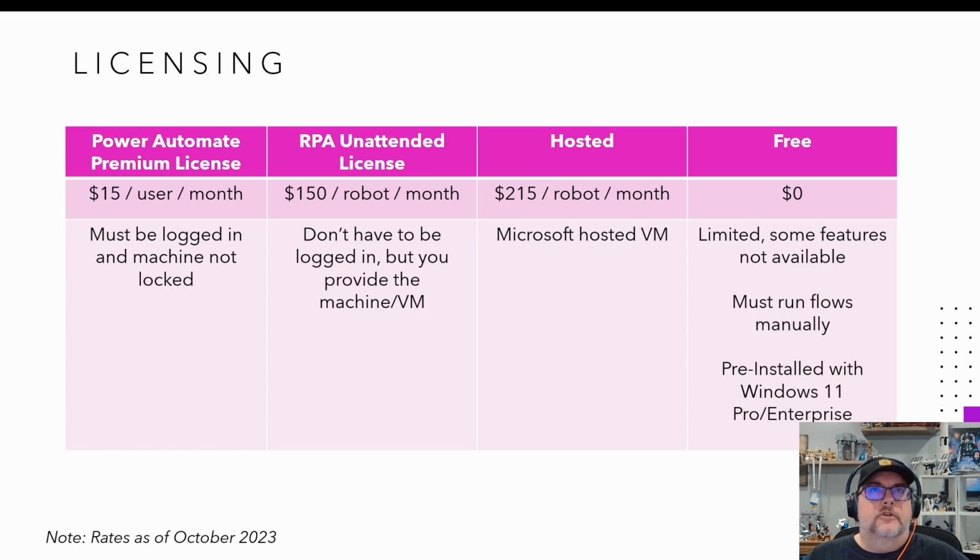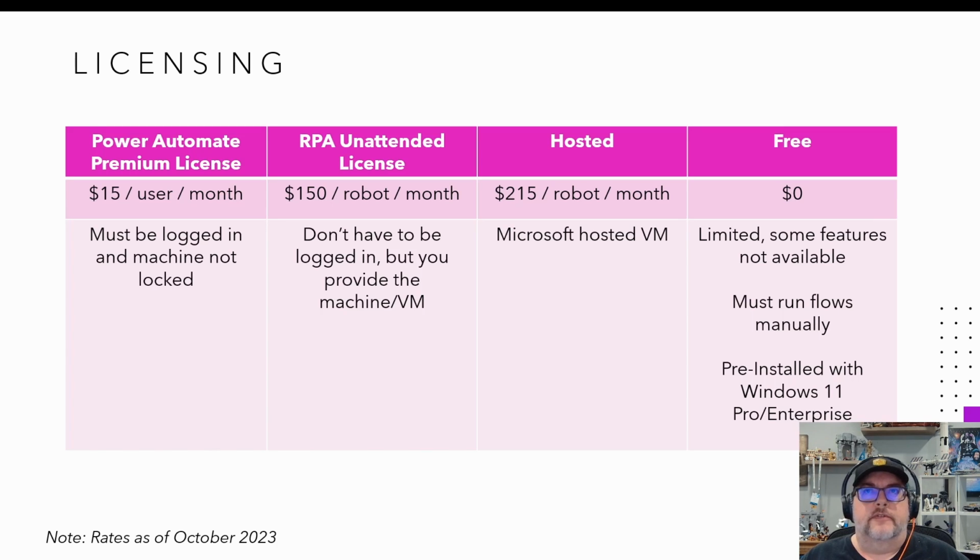And then there's the unattended version, which has a couple of different options. If you are providing your own VM for it to run on, then it's $150 per month per robot, and it doesn't have to be logged in. It lets things run by themselves without you having to be there or interfering with it. That's a good route to take if you want to make sure something gets run every day, or however often, to take it out of the hands of somebody having to kick it off manually or be there on the machine for it to work correctly.